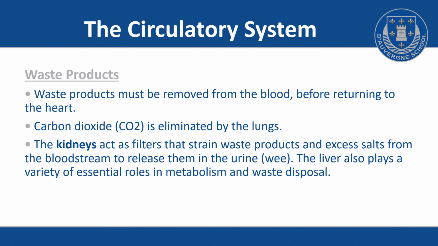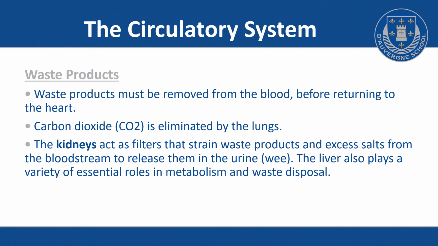Okay, this is just something else to touch upon, not something that you need to know at this stage. You will learn plenty more about all of this when you do GCSE biology. But waste products are also in our blood and they have to be removed before the blood returns to the heart. So carbon dioxide is a waste product that I'm sure you all know we breathe out. So it's eliminated by the lungs. We get rid of it by breathing out.